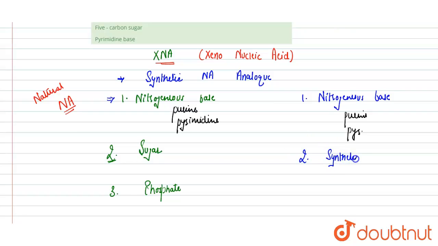This is not the sugar that exists in natural nucleic acid, that is deoxyribose or ribose sugar. It contains different kinds of sugar, like threose and glycols, all these different types of sugar analogues. This sugar molecule in synthetic nucleic acid or XNA has been replaced. And third, it contains a phosphate molecule similar to the natural one. So the change here is the sugar which is being replaced.